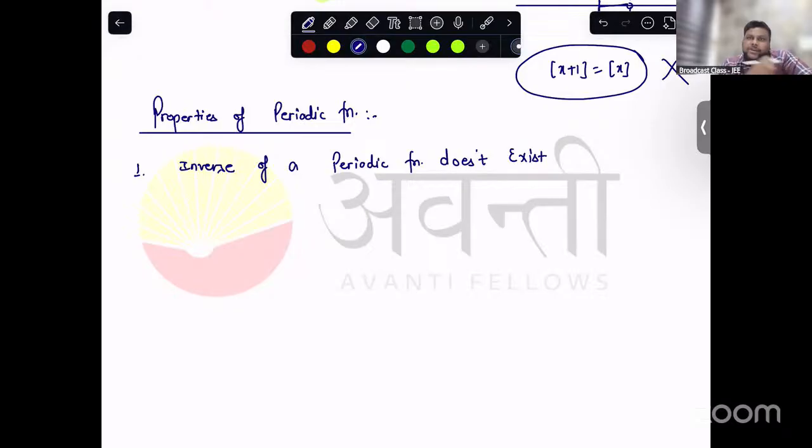The inverse of a periodic function does not exist because a periodic function will always be a many-one function.